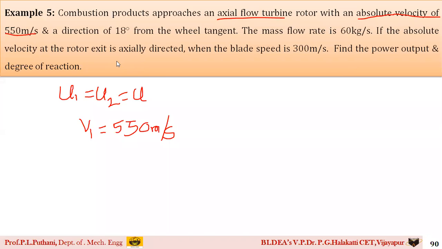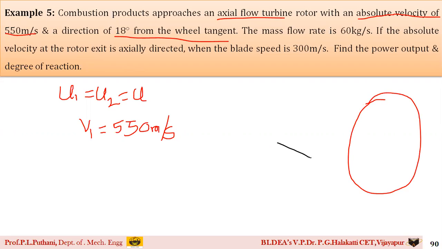This velocity of 550 meters per second approaches at an angle of 18 degrees from the wheel tangent. Suppose this is my rotor wheel, which you can see on the screen, and this is the nozzle from which the combustion products come out and strike the turbine blades.